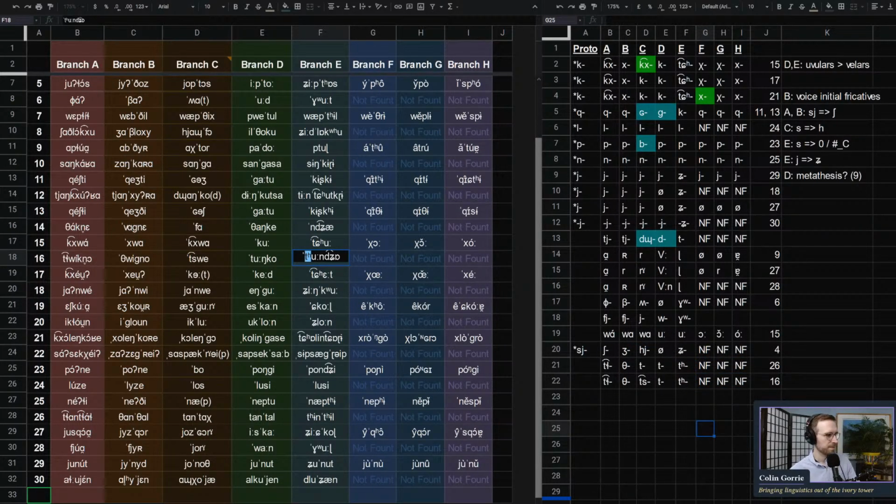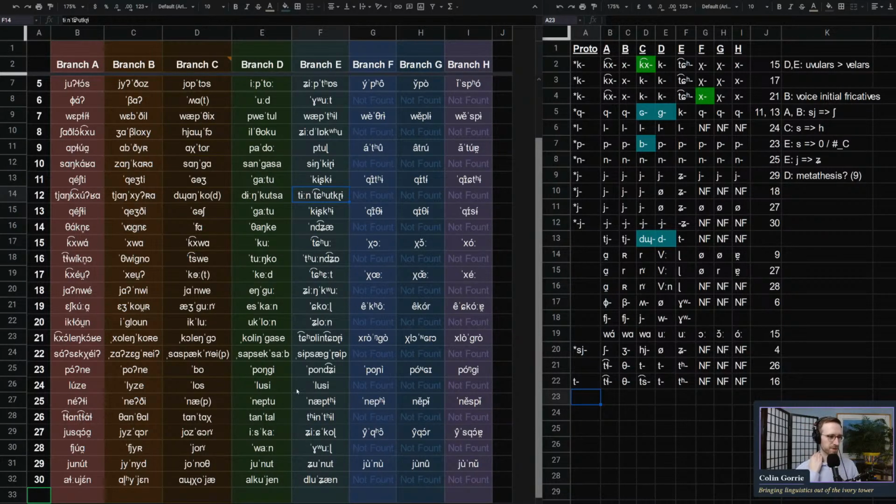Yeah, this could be an initial ta. Potentially.